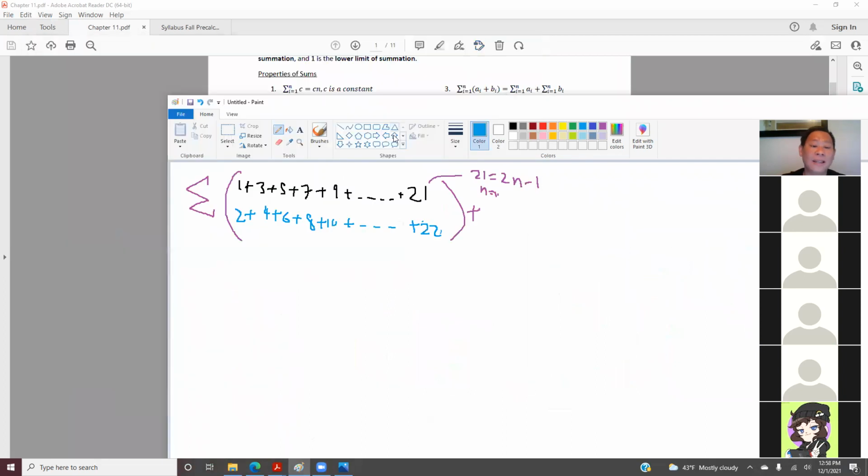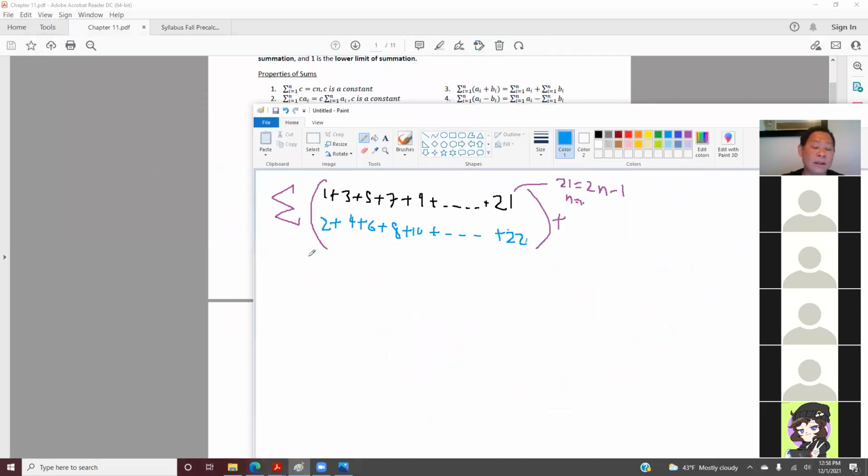So what is going on in this sequence? It is telling us that you want to add this from n is 1 till 11, because this is the 11th term and this is the 11th term. So instead of adding, this will be 3 plus 7 plus 11 plus 15 plus 19 plus all the way, and then plus 43. And then you add all this up. You can do it that way.